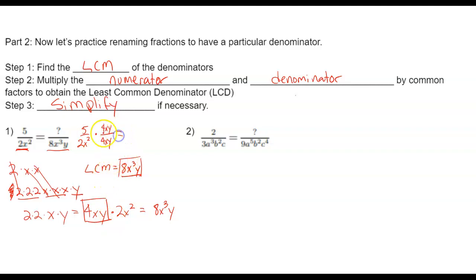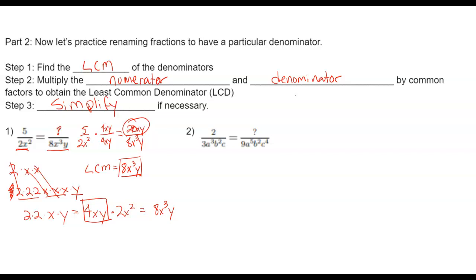So 5 times 4xy gives me 20xy. And then we've already decided that 2x squared times 4xy gives me 8x to the third y. So now, using my least common denominator, I have found what my question mark was. So number 1 asked us to find the numerator of this new expression, and we found it.